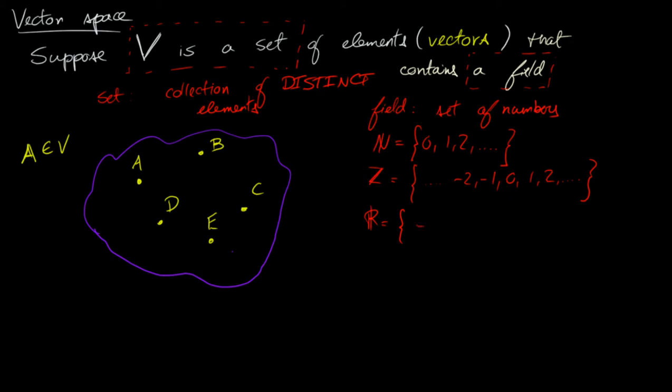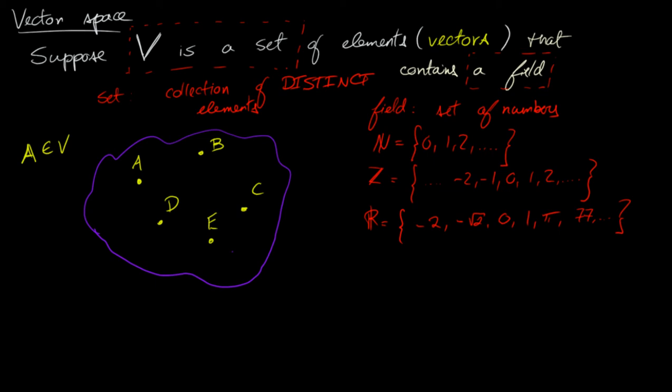It could be negative 2, it could be negative root 2, it could be 0, it could be 1, it could be pi. Pi is irrational, but it's real. It could be 77. It really doesn't matter. It's really arbitrary what number you choose in the real numbers. The characteristic is just that they encapsulate all of the other fields.